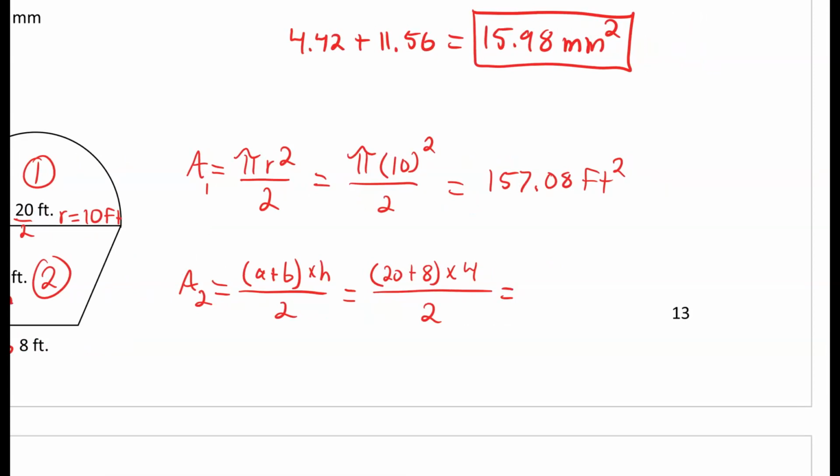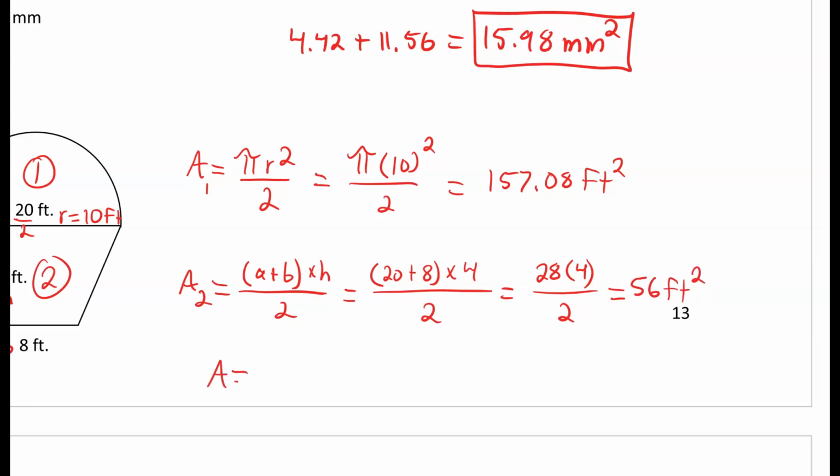Doing inside the bracket first, you have 28 multiplied by 4 and then divided by 2, which gets us 56 feet squared.